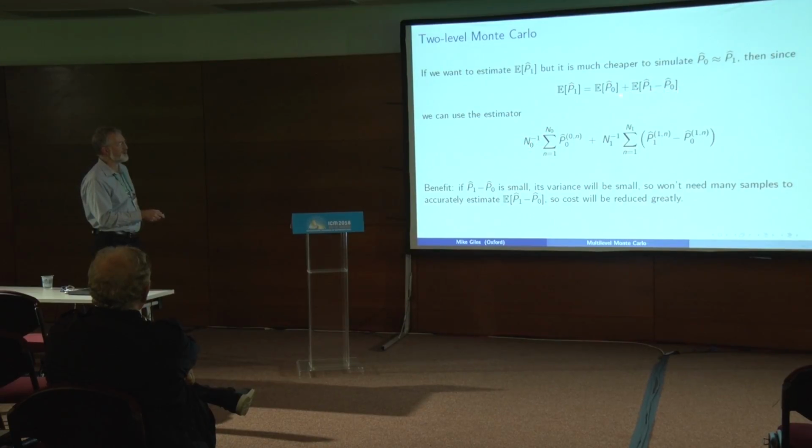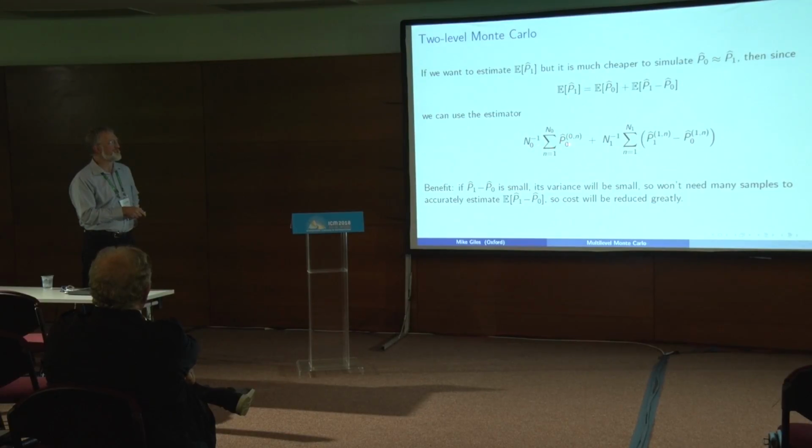And then this one, we're also going to estimate using a standard Monte Carlo estimate, but with a different number of samples, n1. Okay. Now, the point here is that this n0 is going to be roughly the same number of samples that we would have used if we had directly tried to estimate this expected value.